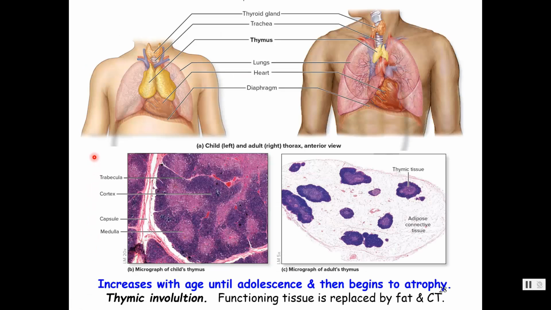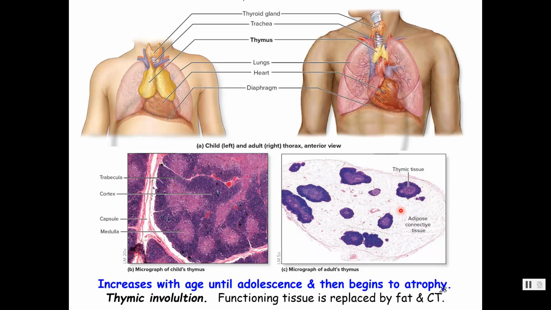Other weird things about the thymus. The thymus is most active during childhood. So this is showing you a thymus in a child, and then this is showing you a thymus in an adult. I will tell you right now, I don't have a model that actually has a thymus on it. So you can see this is a cross-section of the thymus gland during childhood, and this is what it looks like in adulthood. This is a gland that's going to atrophy as a person ages.